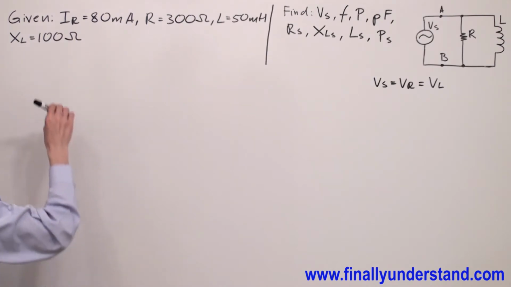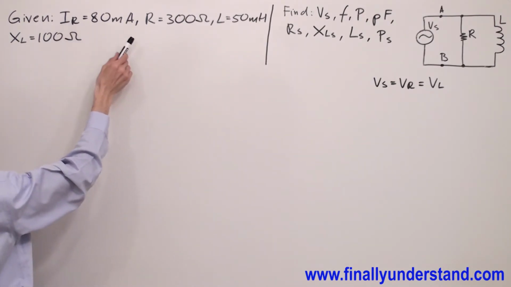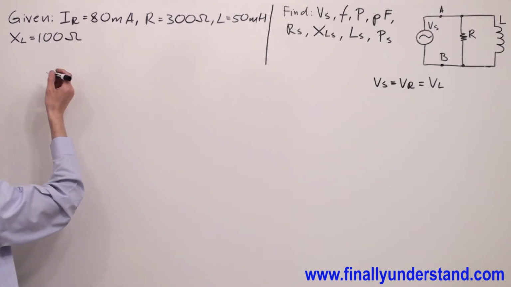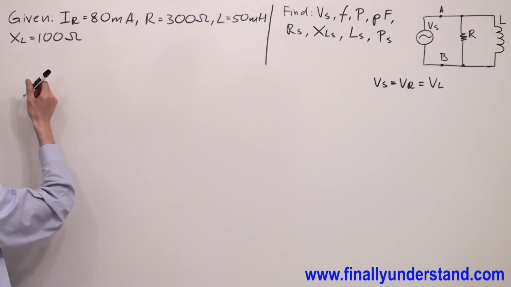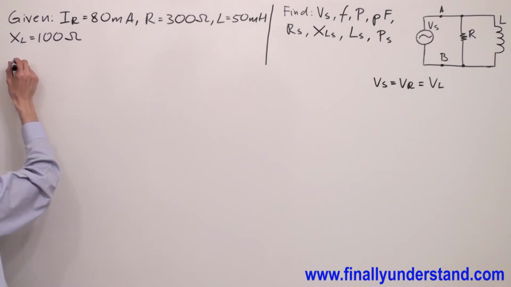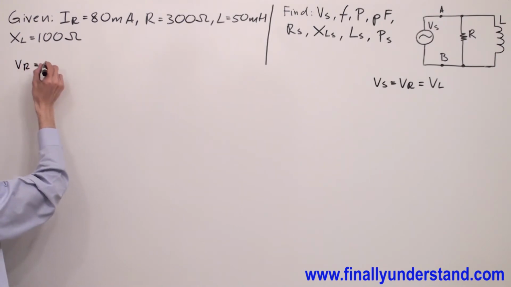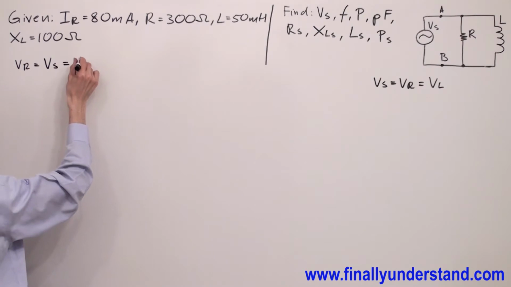Please notice that I have been given the current which goes through the resistor and I have been given the resistance. So I can use Ohm's law to find the voltage VR. VR is equal to the voltage source, which is also equal to VL.